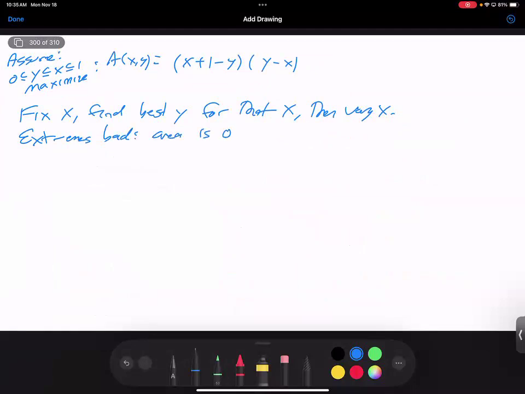Area is 0 if y equals 0. I'm sorry, if y equals x, the way we're doing the notation, or y equals 1. So if we're looking at it like this, we might not even want to use that y is less than or equal to x. Why are we using x greater than or equal to y? Cheat with y minus x.